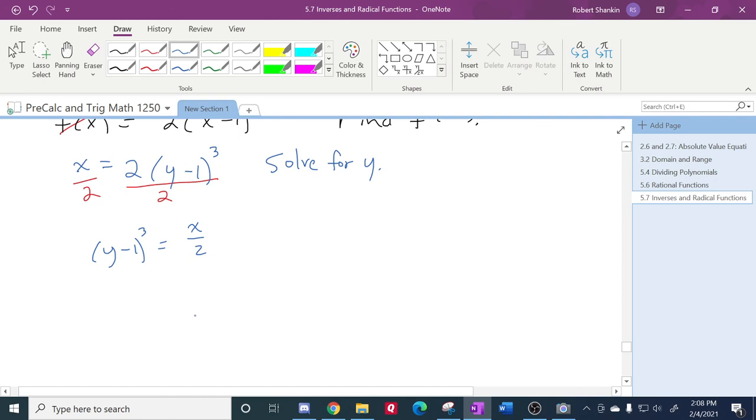Then, to get y by itself, I have to get rid of the cubing first. Okay, and then what did that give me? Well, these two things would kill each other off.